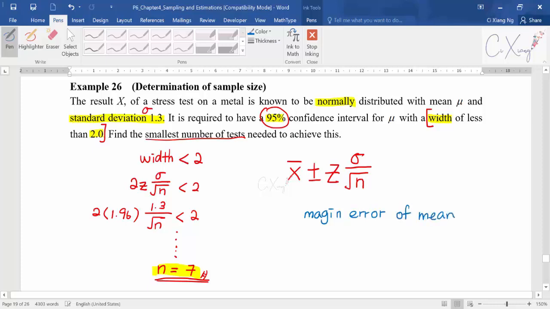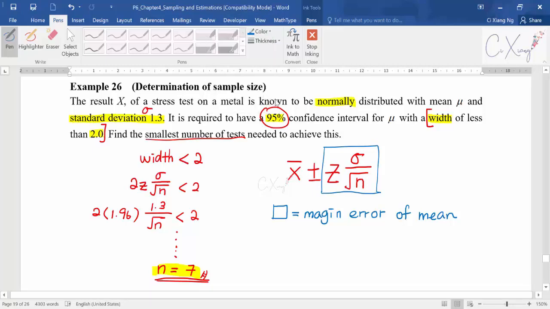If you see this word margin or marginal error of mean, that means it is this value: Z multiplied with sigma over square root n. It is just a definition for this part. I realize that there are some tutorial questions, if I'm not mistaken, they use the word margin error. So a lot of students don't know what it is about. But generally, this is what we have.